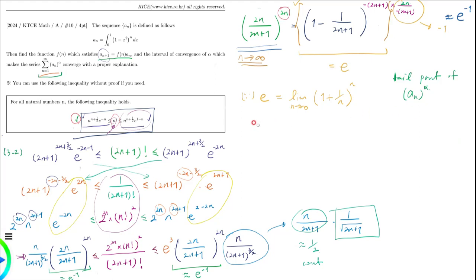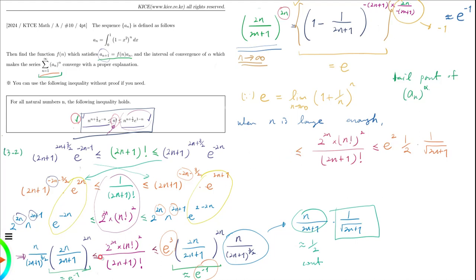So to wrap up, when n is large enough, the general nth term, which is 2 to the 2n power times n factorial squared over (2n plus 1) factorial, acts like e cubed times e to the minus 1, a square of the natural constant e, times 1/2 times 1 over square root of 2n plus 1.